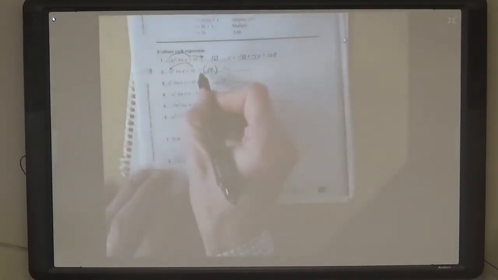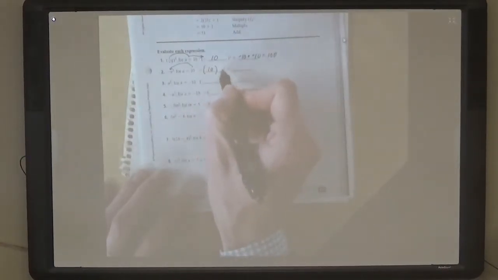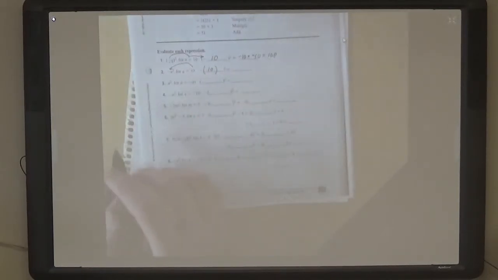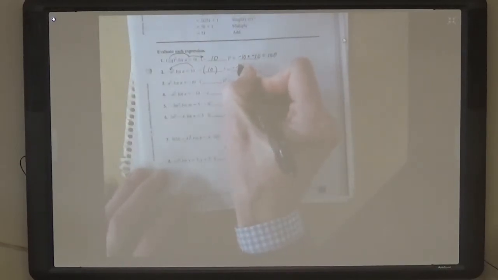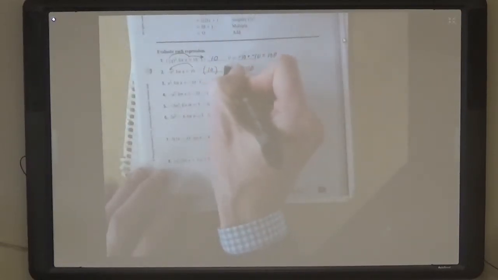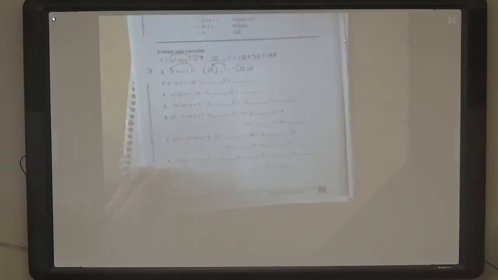So now we have negative 10 squared, and the negative sign is outside the parentheses. So that means negative 10 times 10. The exponent only goes to whatever is in the parentheses, and the minus sign is outside the parentheses.